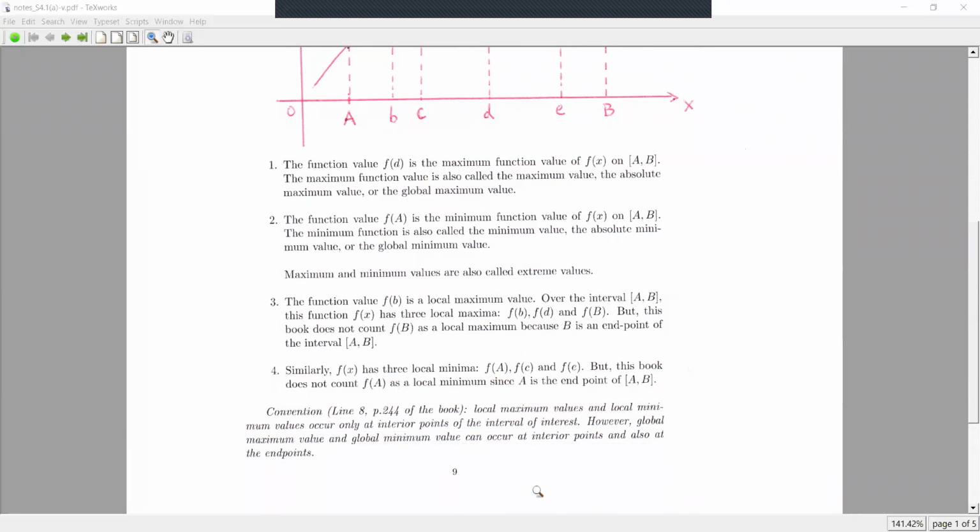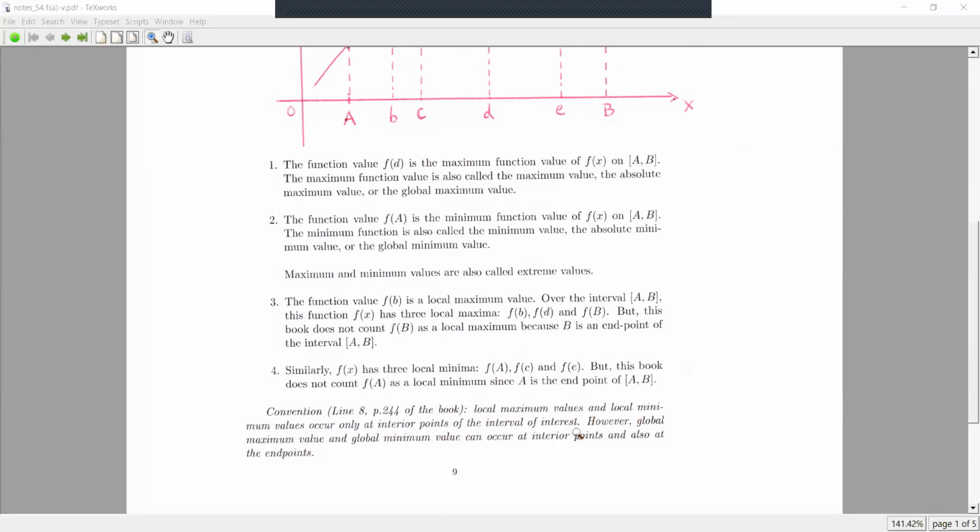You can find this convention in the book on page 244. This convention says that local maximum values and local minimum values occur only at interior points of the interval of interest.